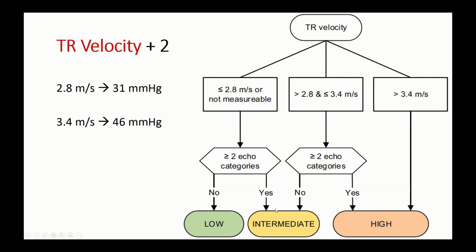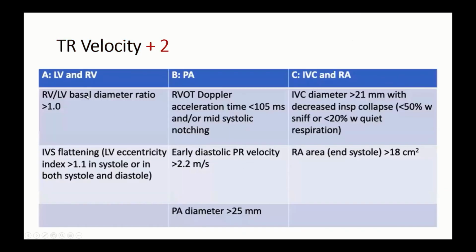If you don't, you fall into the intermediate, but you don't go into the low category. So high means you're almost definitely going to get a right heart cath. Low, you don't have to do a right heart cath, and intermediate, you have to think about it. So that's the TR velocity. The 2 echo categories are any 2 of these. They look like a lot. We'll go over those one by one right now.